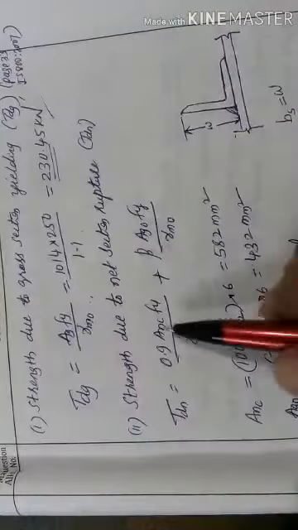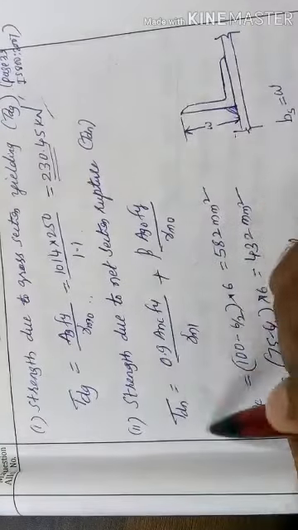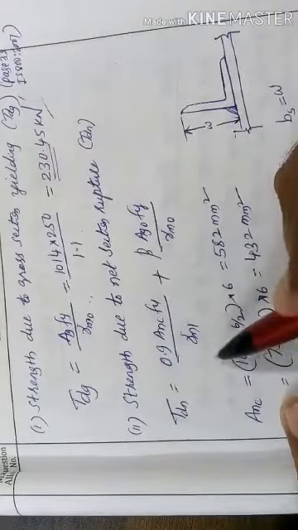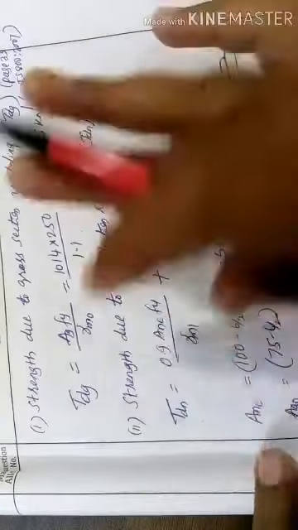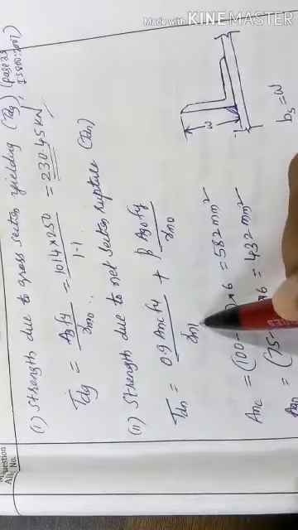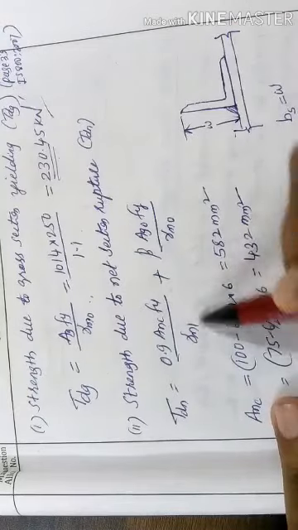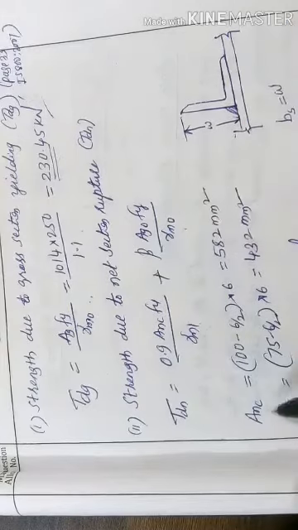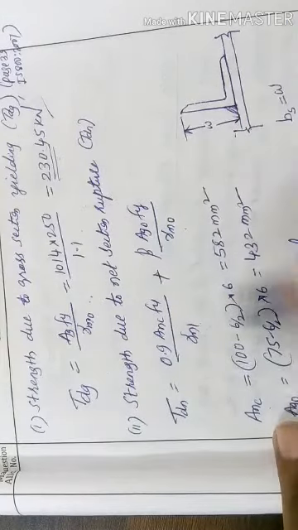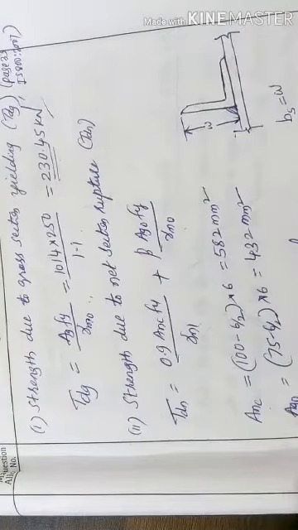Next you calculate the strength due to net section rupture. Again the same formula has to be taken. Whatever you took in bolted connection, the same formula is to be taken for a welded connection also: 0.9 ANC FU divided by gamma M1, plus beta AGO FY divided by gamma M0. Here ANC is the connected leg area and AGO is the outstanding leg area.